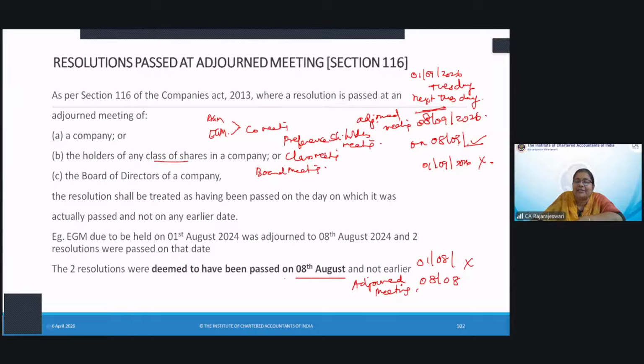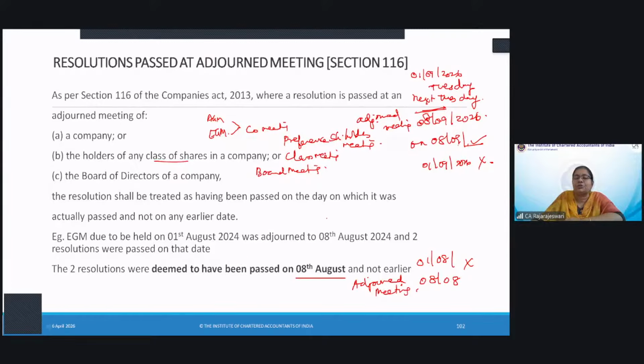For the adjourned meeting, they need not give the notice if it is automatically the next day, because adjournment means no specific notice need be given. If their board of directors determine on some other date, then they should have to intimate the shareholders on what day they are holding it. On that date, if the resolution is passed, then you will take it as that date.